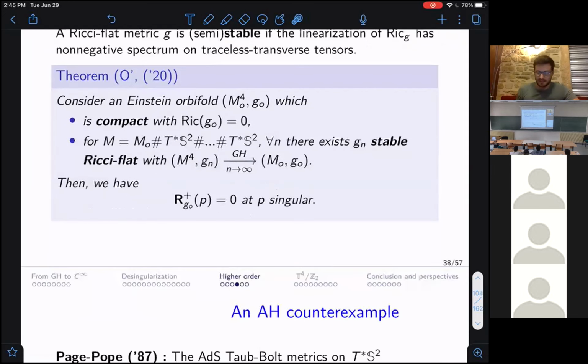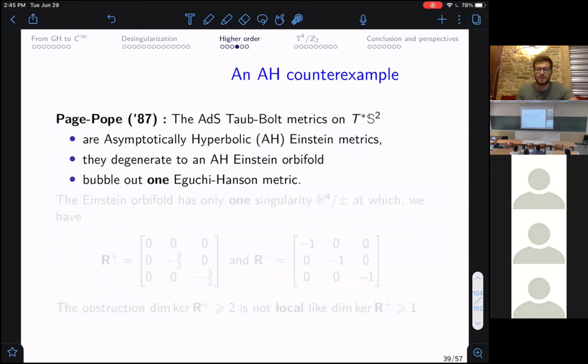Let me mention that it's not true in the non-compact setting. In the asymptotically hyperbolic setting, this is not true. There is a counterexample constructed by Page and Pope. The idea is to take just this family called AdS Taub-bolt.